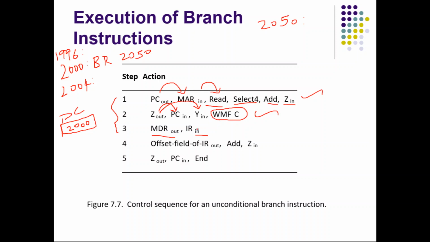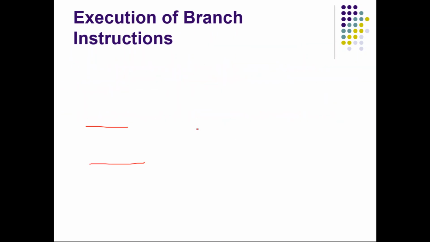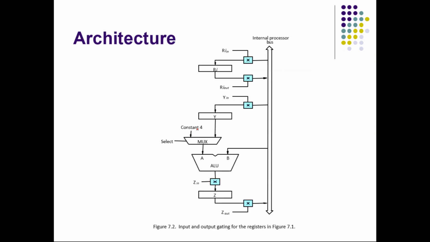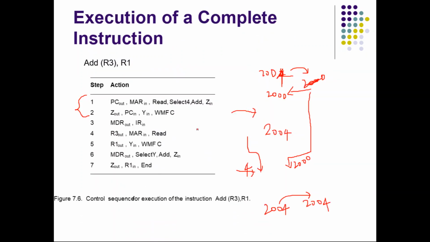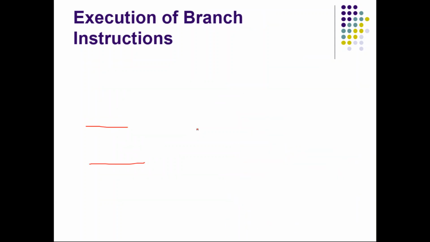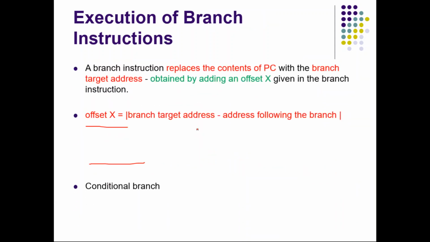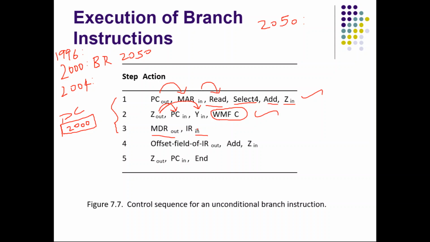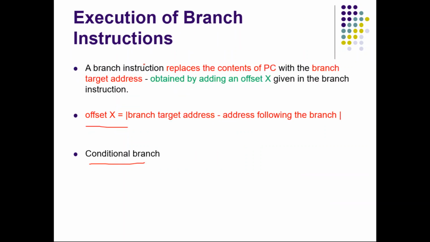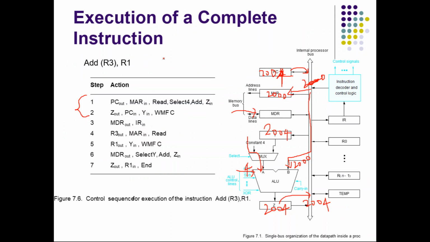So what will be MDR out by this time? MDR out will be that instruction, whatever the instruction. In our case it is the branch instruction, branch 2050. So that is what will be available in MDR, BR 2050. So we are saying MDR out and IR in.